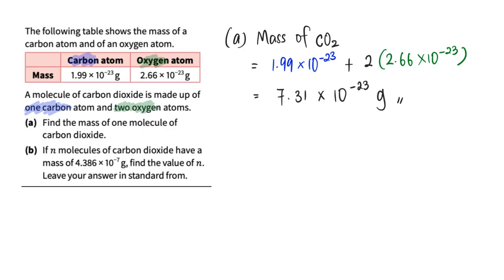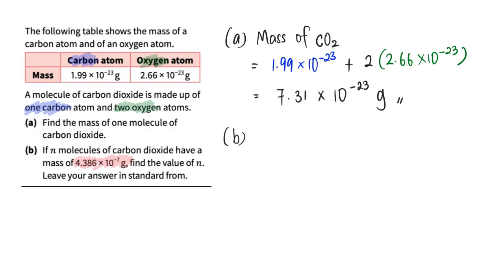Part B. We have n number of molecules, some number of molecules, and the total mass is given. So how do I find the number of molecules? I already got the mass of 1 carbon dioxide.